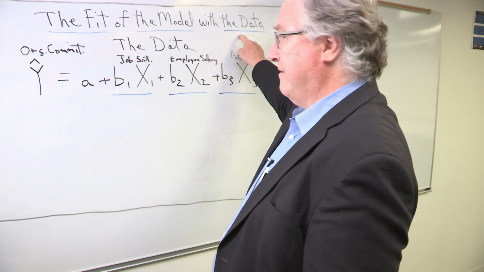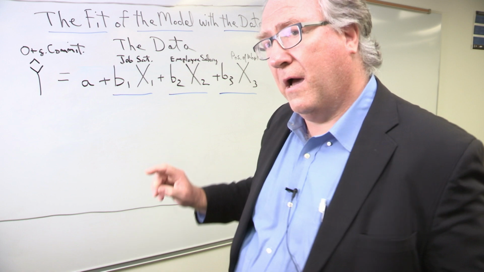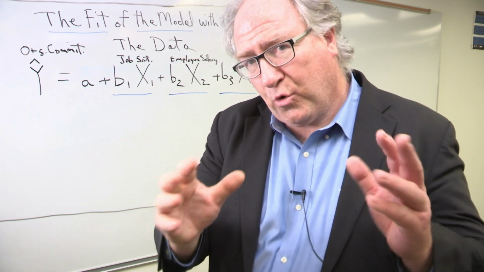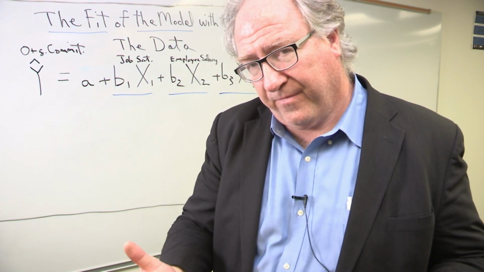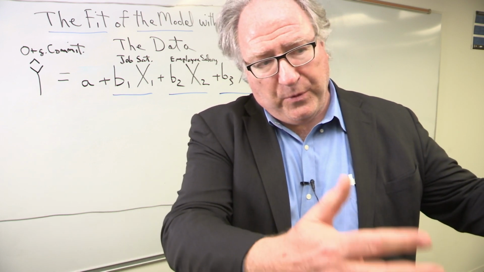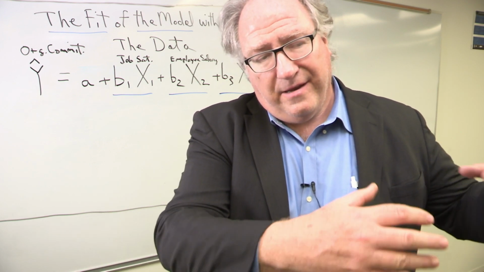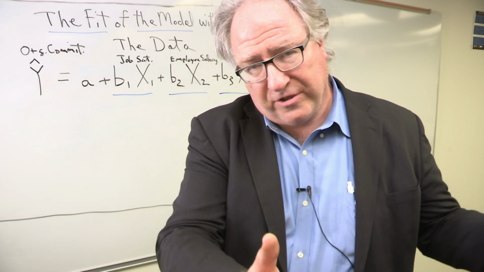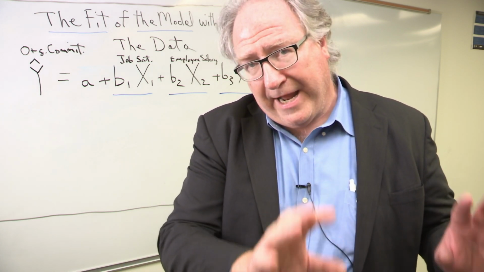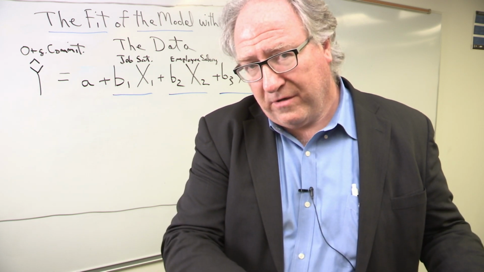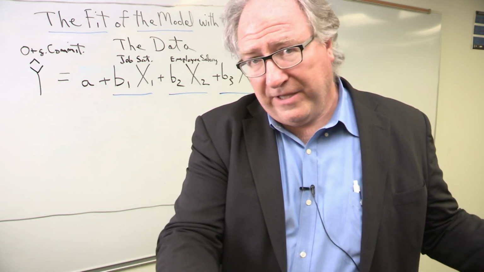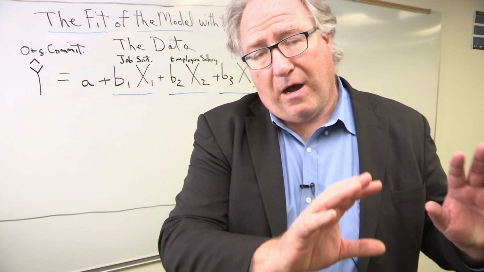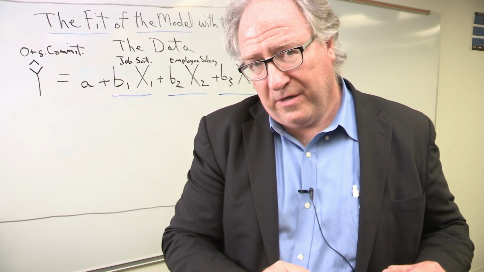The data are those actual observed scores that you provided, the 11 people in the room provided, after you filled out the measure on the outcome variable measure, in this case on organizational commitment. Each of you, 11 people in the room, got an actual observed score on that outcome variable measure.